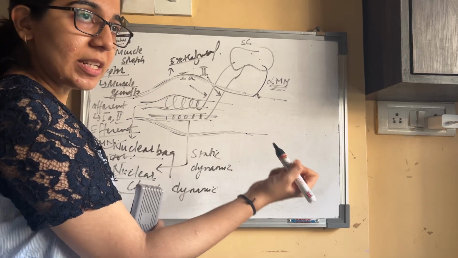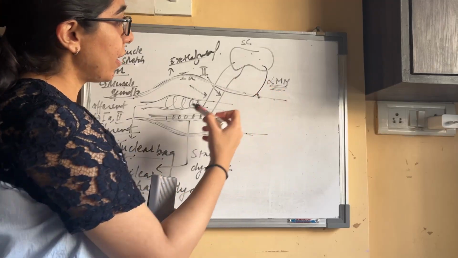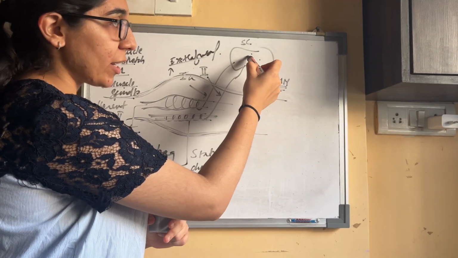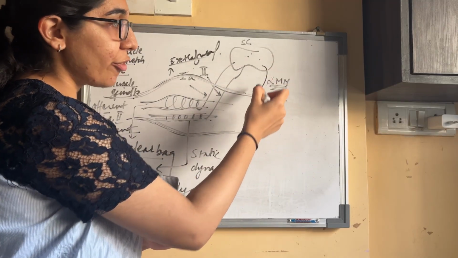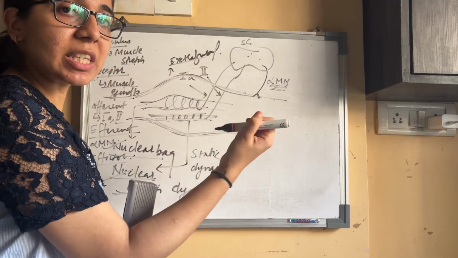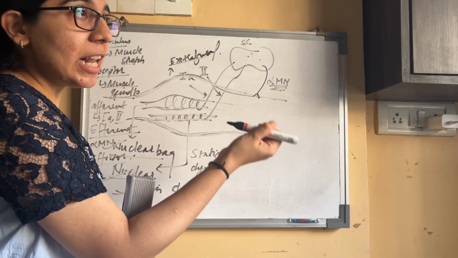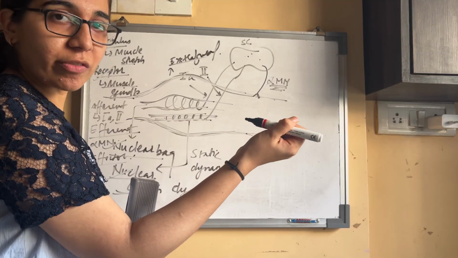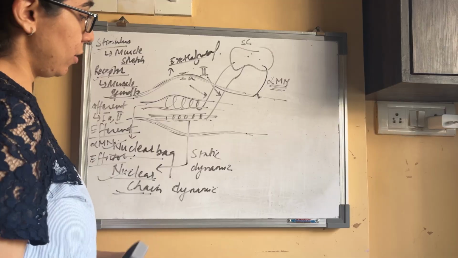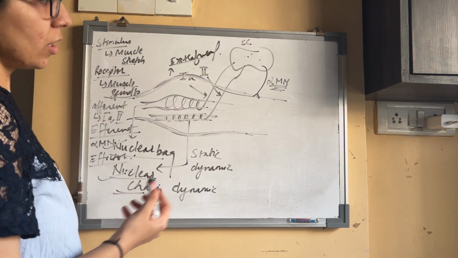When a muscle is stretched, it lengthens, but as this information reaches the spinal cord, via the motor fibers, slight contraction of that same muscle is produced, which is the reflex, and that helps to prevent overstretching of that muscle. So this is how the stretch reflex occurs.